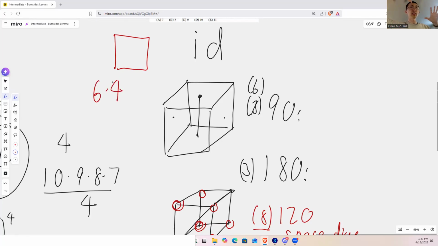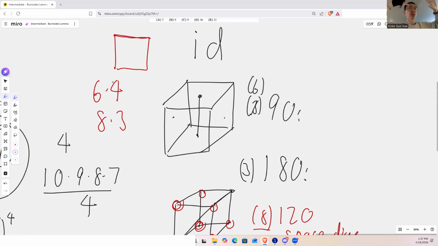You could also think there's 8 ways to choose which corner is the top front right corner. Once you've chosen which corner, there's 3 ways to permute which corner is to the left of it, because there are 3 adjacent neighbors, and there's 3 ways to orient them, fixing that corner. So 8 times 3. You could also think there's 12 ways we could put this edge.